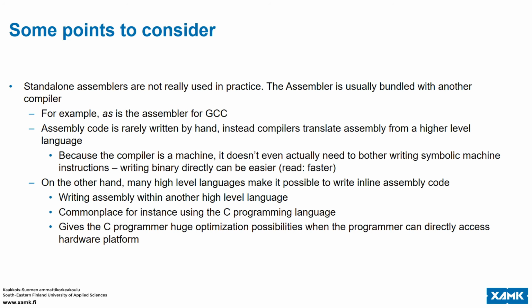On the other hand, many high-level languages make it possible to write what is called inline assembly code, so writing assembly code within another high-level language. This is commonplace, for instance, when using the C programming language. This gives a C programmer very big optimization possibilities when you can directly access some features of the hardware below.